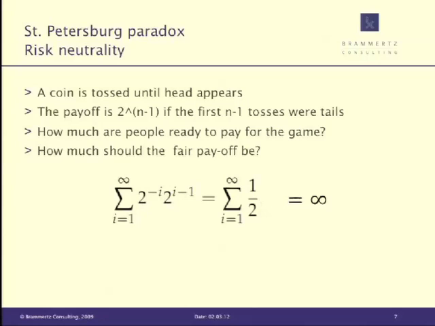So now, why are you not ready to give even 5 francs for that game? The reason is you are very risk averse. The risk aversion is very, very high. So you don't like games which pay sometimes a lot, but where you lose often. So that is basically what you're not ready to do.